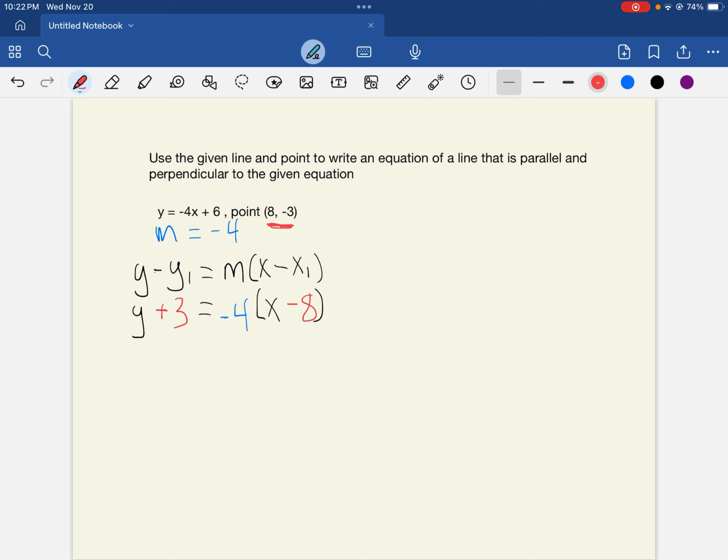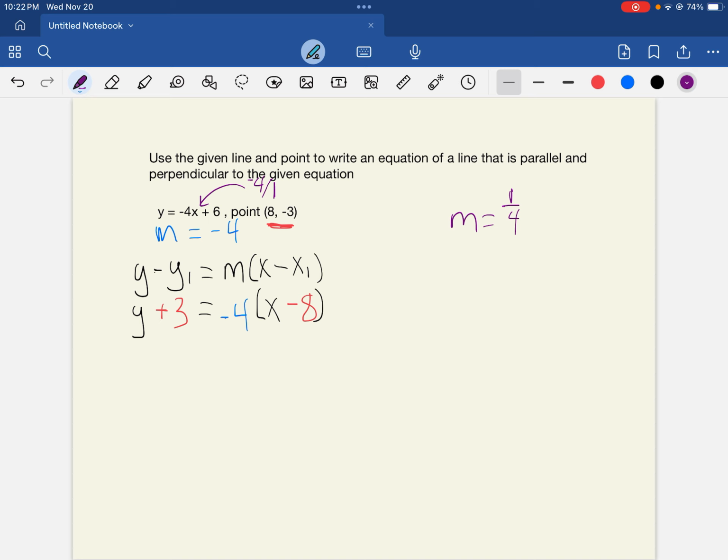Now, if I were to do this for a perpendicular line, the only difference is going to be my slope. For a perpendicular slope, remember we flip the sign, so that was negative, now it's going to be positive. And I also flip the fraction because this is an opposite reciprocal. The reciprocal of 4 is 1 over 4. And remember, this 4, even when we're graphing it, we rewrite as negative 4 over 1.